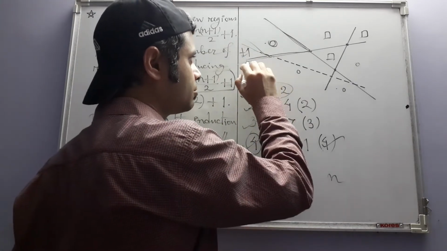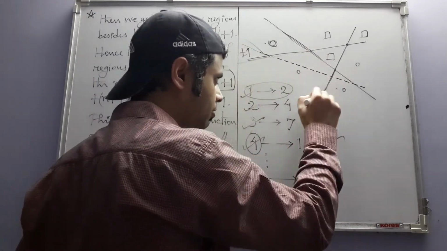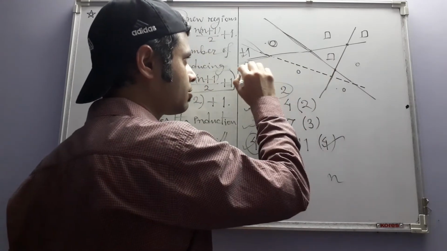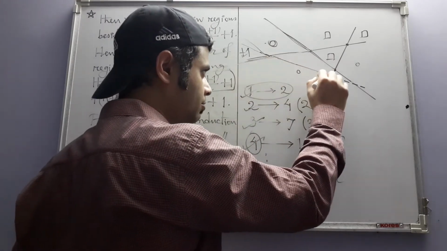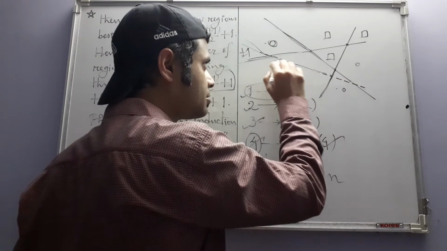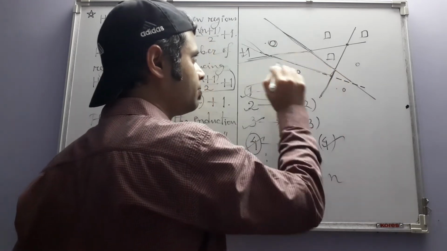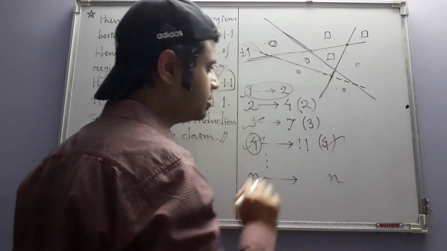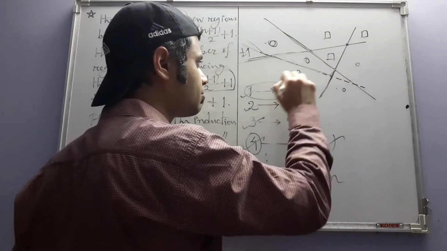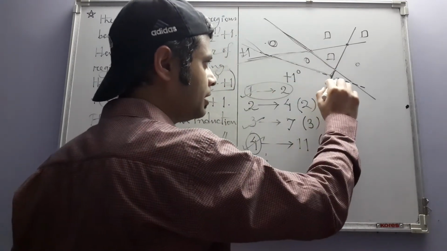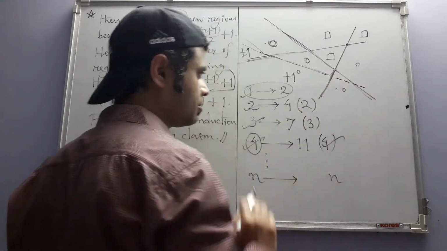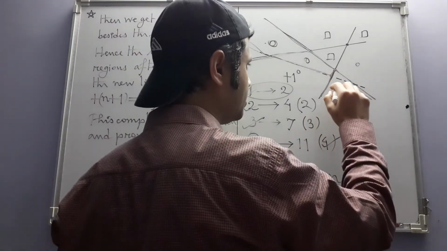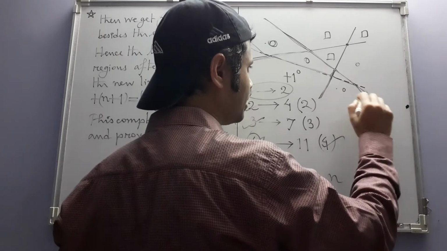So this new part corresponds to the original region plus 1 extra. Here also, this was our original region, which has now got divided into this and this bounded region. Say the bounded region corresponds to the original region, and this is plus 1 extra. Here also in this region, we have got 2 parts.